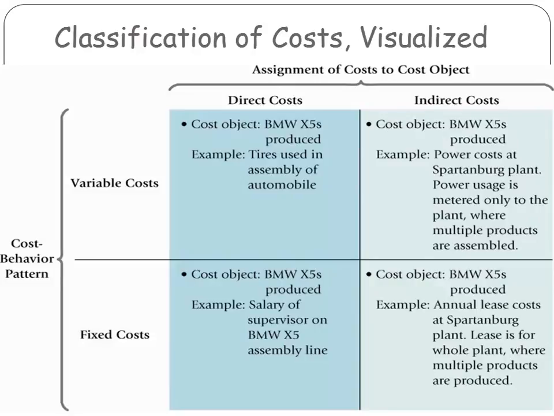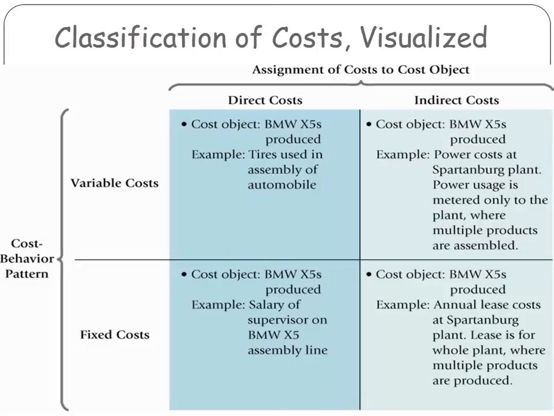So a variable cost could be direct or indirect. A fixed cost could be direct or indirect. They don't have a specific relationship. So a direct variable cost is the tires, 4 tires.